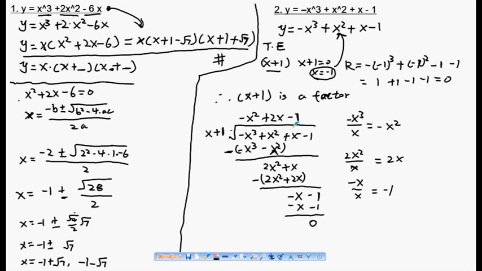Now our equation is equal to x plus 1 times minus x squared plus 2x minus 1.